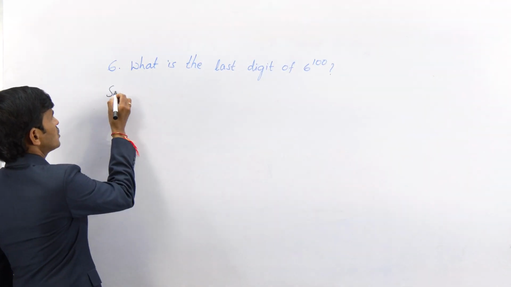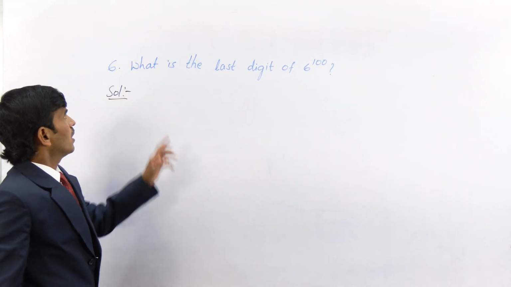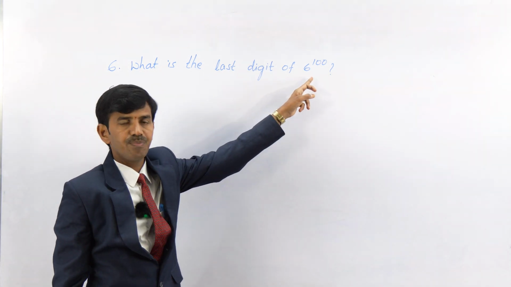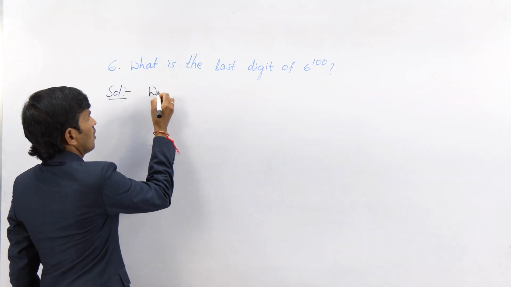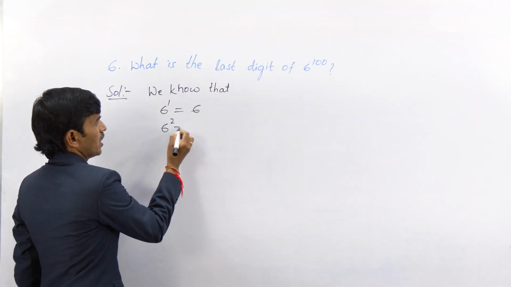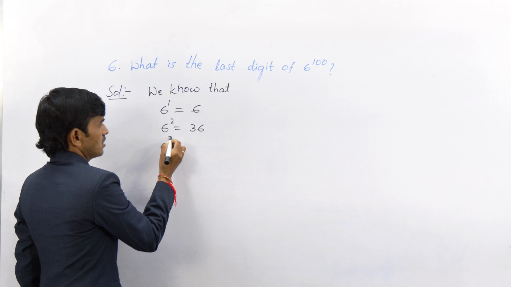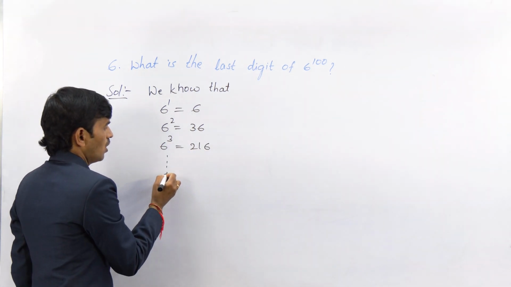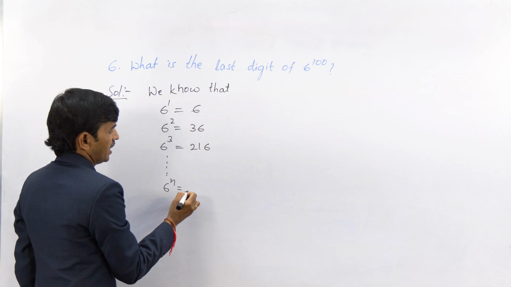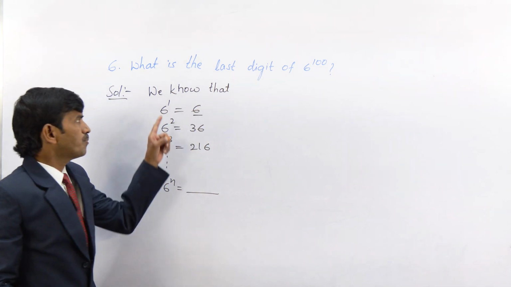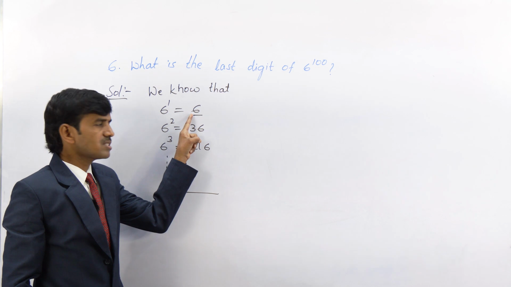So let us find the solution for this question, that is, what is the last digit of 6 power 100? We know that 6 power 1 is equal to 6, 6 square is equal to 36, 6 cube is equal to 216, and so on. 6 power n also we can identify. Here, when the power is 1, the units place is 6.